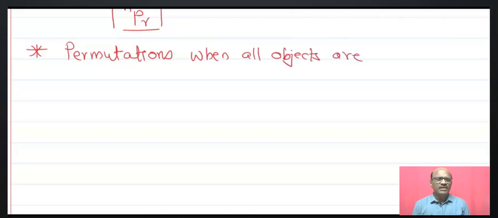Permutations when all objects are distinct.